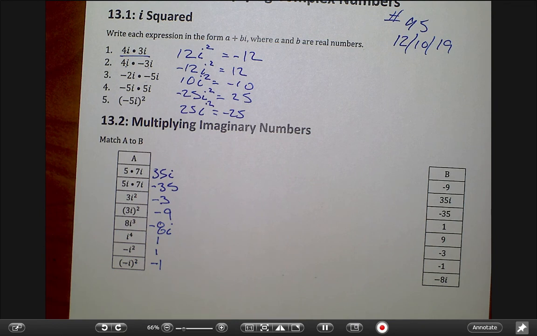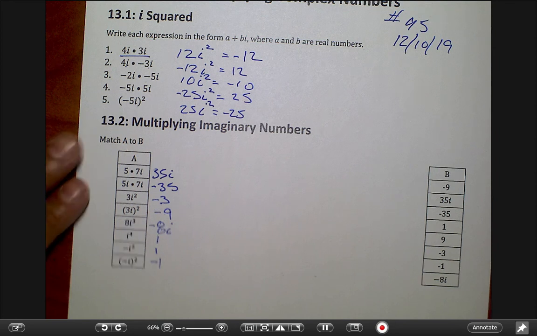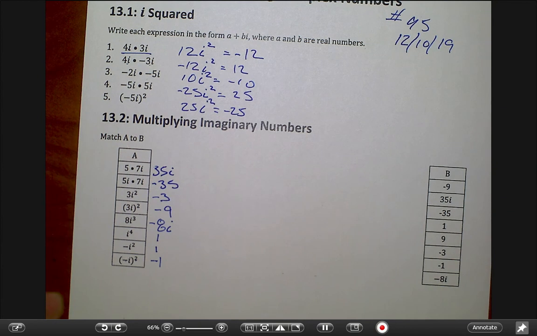So let's see what we got there. Am I missing something? What am I missing? Another one. So let's see if it lines up.